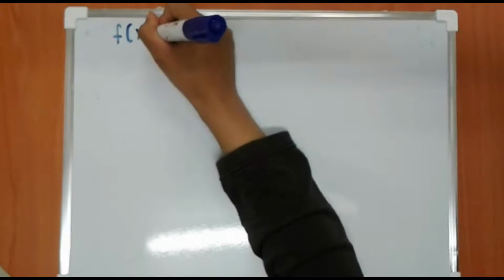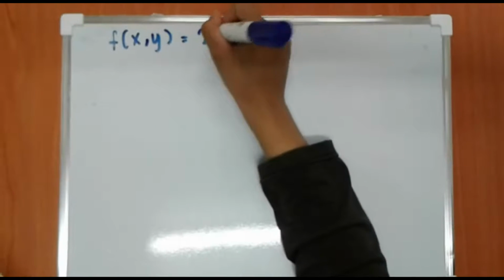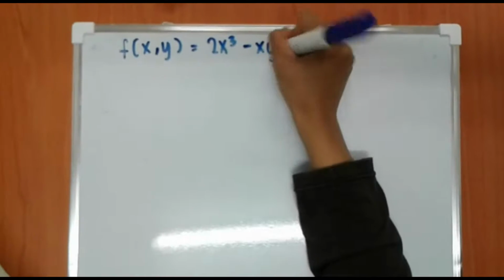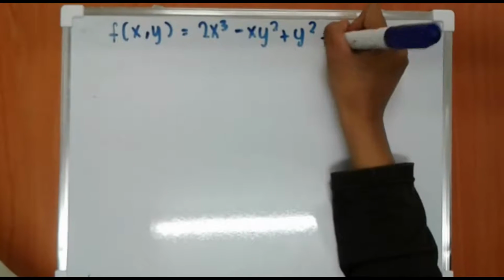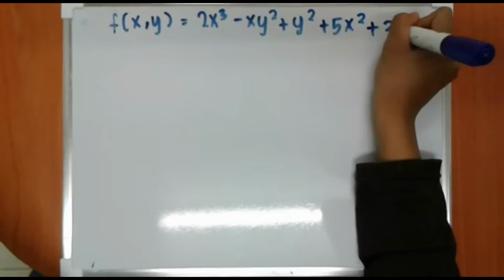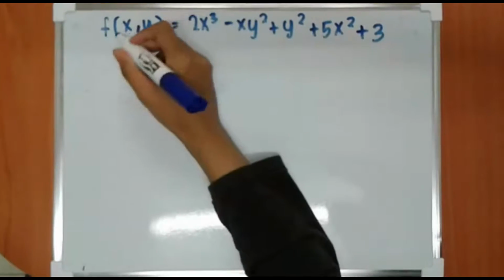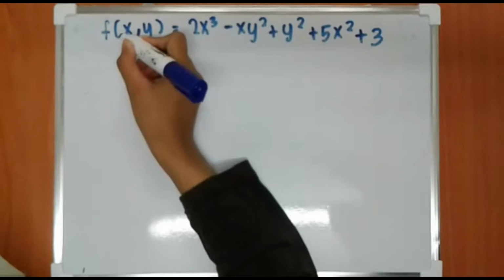The equation is f(x,y) = 2x^3 - xy^2 + y^2 + 5x^2 + 3. So what we have to do first is differentiate this original equation with respect to x.